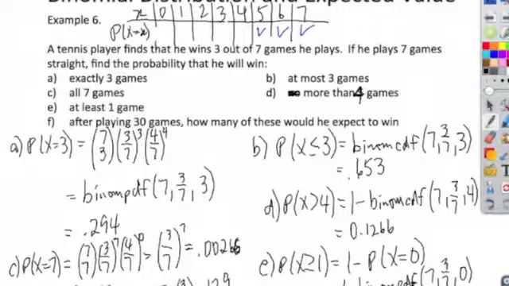I just wanted to add one question to this with this same scenario. I'll go on to the next page here. We'll make it G, and we'll use the wording at least 3, but no more than 5.